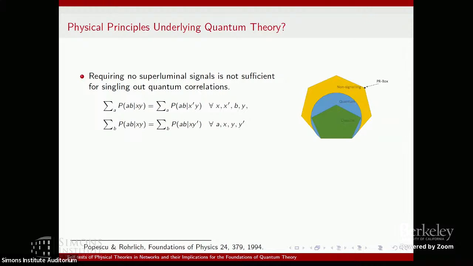Okay, and this turns out not to be the case, and this was realized by Popescu and Rohrlich, who found, so these are essentially the equality constraints that Eli had in his talk, just written a bit differently. And what they found is that indeed these are not sufficient to reduce us to quantum correlations in this set. But they found what is now known as the Popescu-Rohrlich box, that indeed is way out of the quantum set and wins the CHSH game with probability 1.